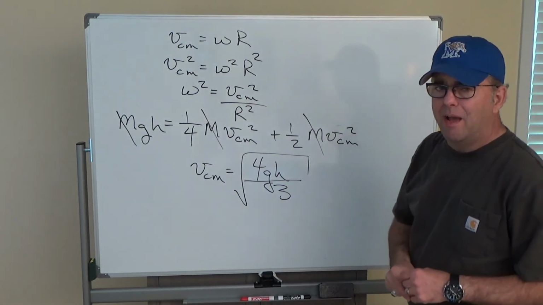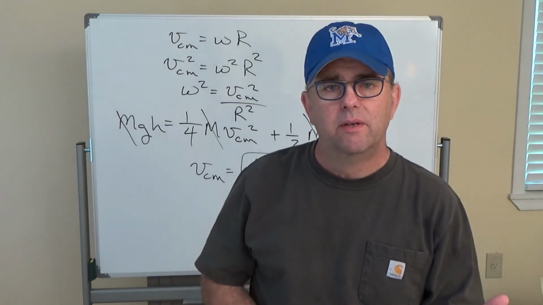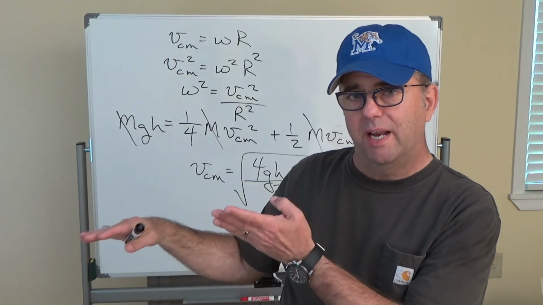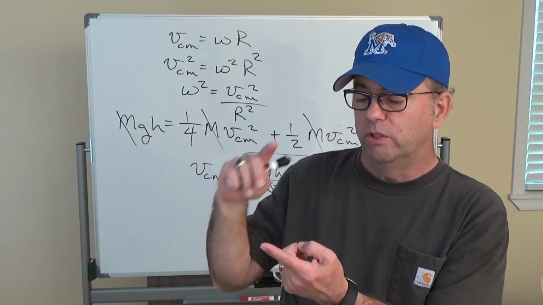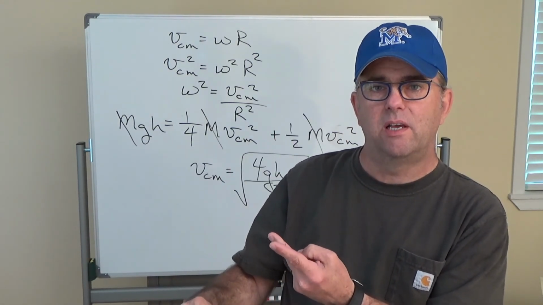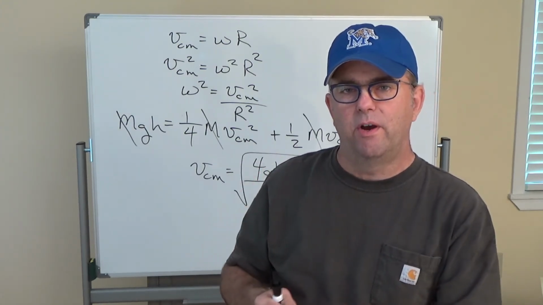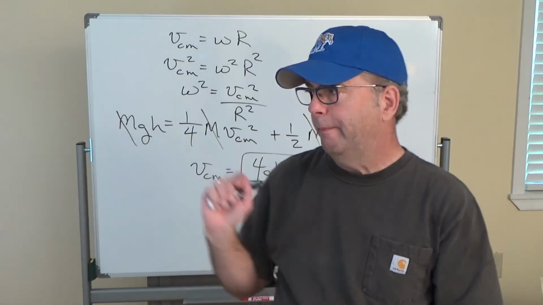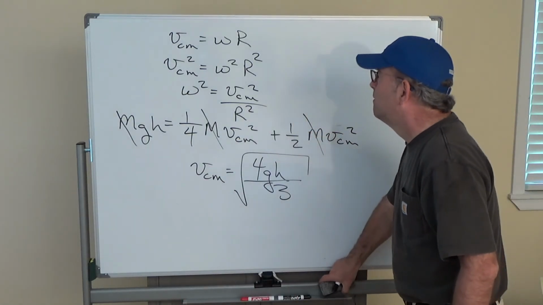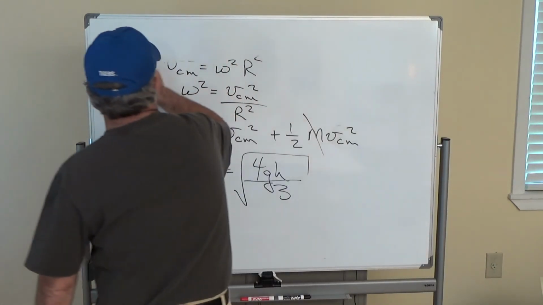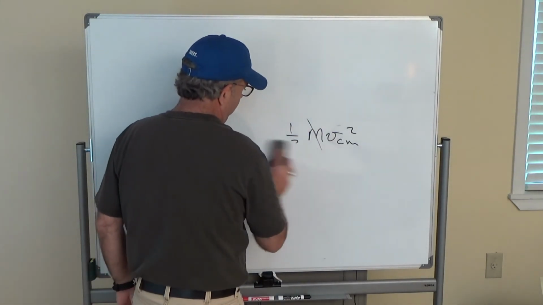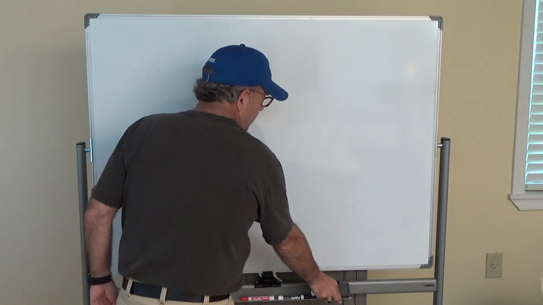So that's the idea. You start out with this potential energy. It's converted into the kinetic energy of rolling, which is rotational plus translational. And you can equate the variables using V center of mass is equal to omega R. Let's look at an acceleration example.